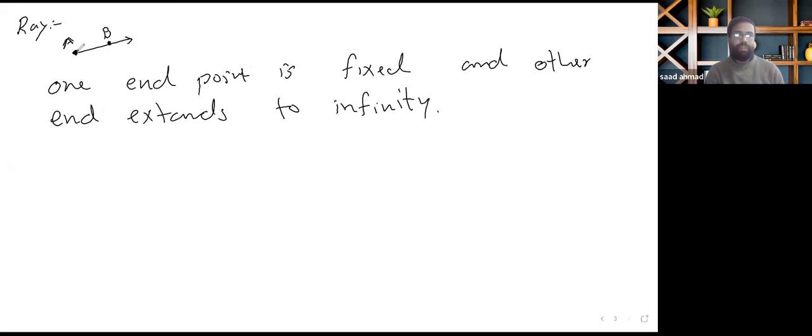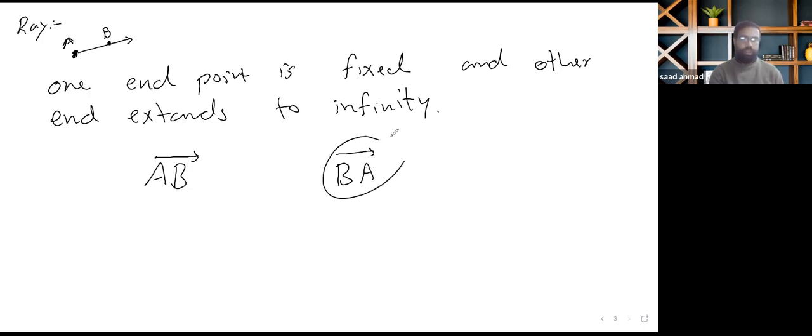So it's closed at one end and the other end extends. So we represent the ray AB with one arrow on one side like this. Okay, and we cannot write it like this, this one is not true.